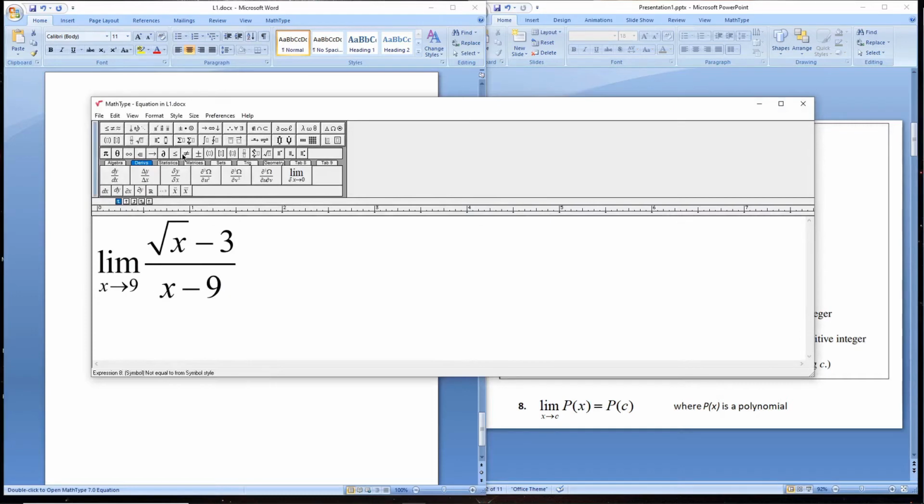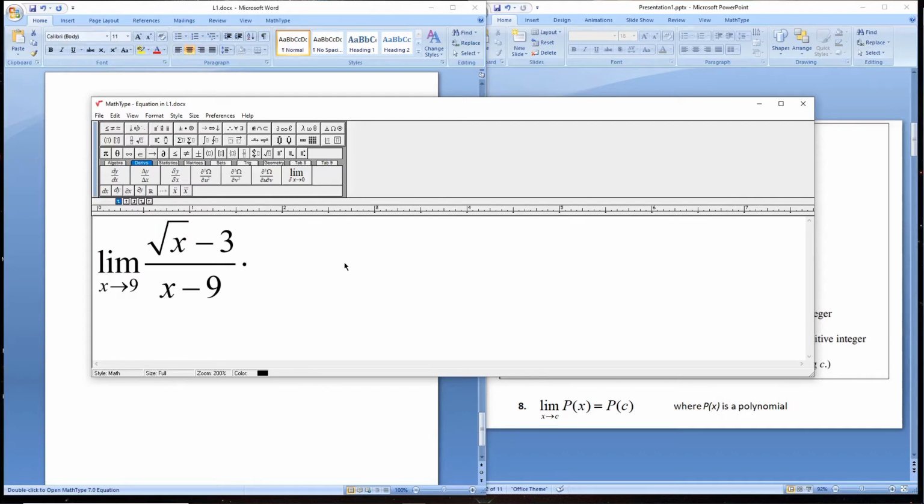And what can we do with a square root? Well, when you have an equation, we don't have an equation here, but when you do have an equation, one way to get rid of a square root is to square both sides. That's pretty common. But how do you get rid of a square root when you don't have an equation?